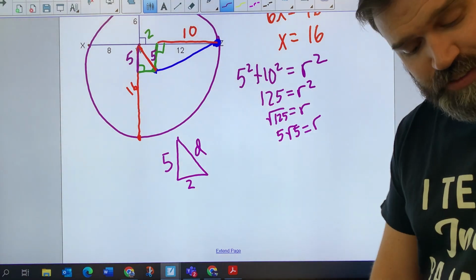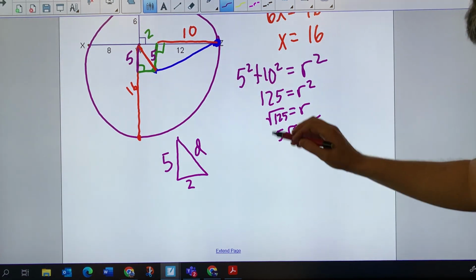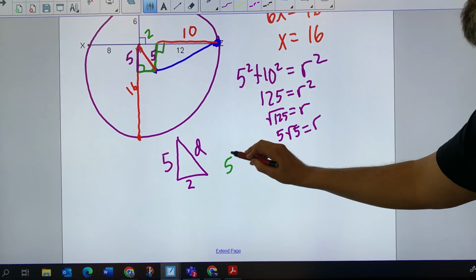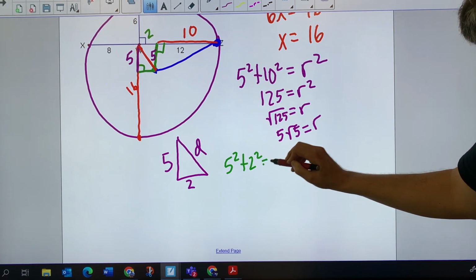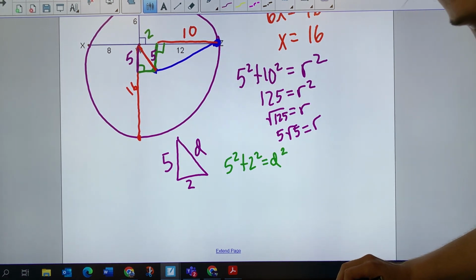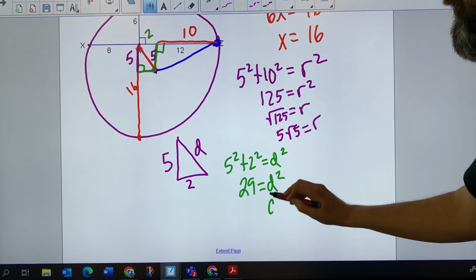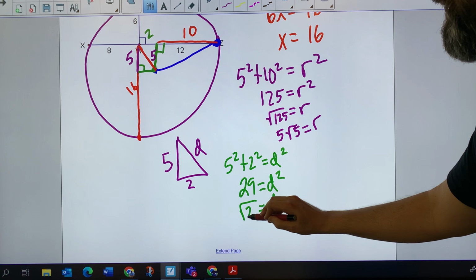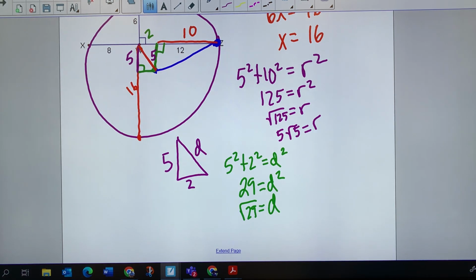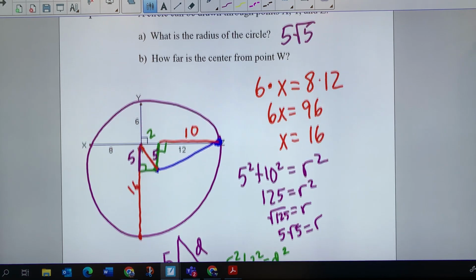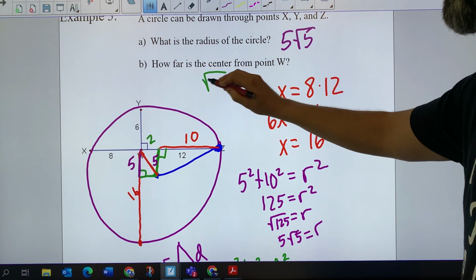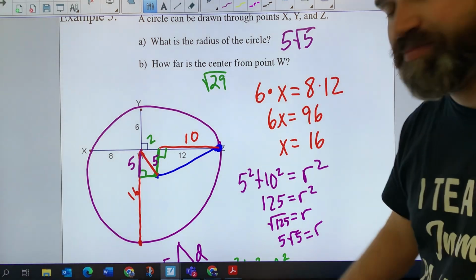I don't know, might confuse it with diameter, but that's okay. And so we end up with 5 squared plus 2 squared equals d squared. That gives us 29, d squared. So d is equal to the square root of 29 right there. And so that is up here. How far from the center? Square root of 29. Thank you.